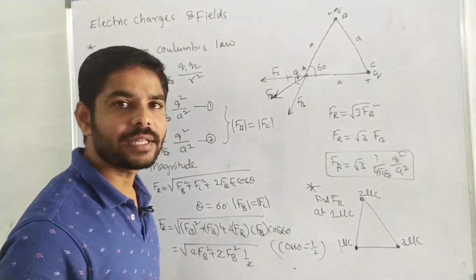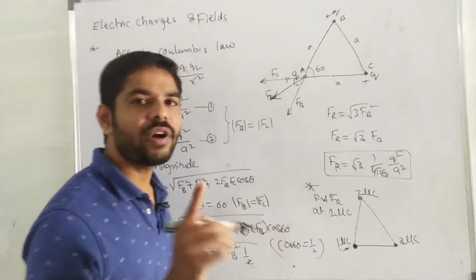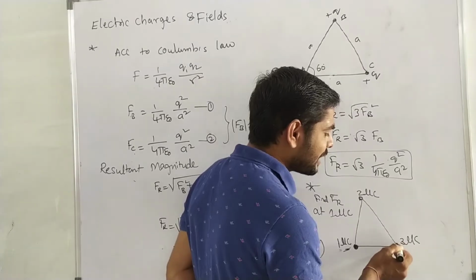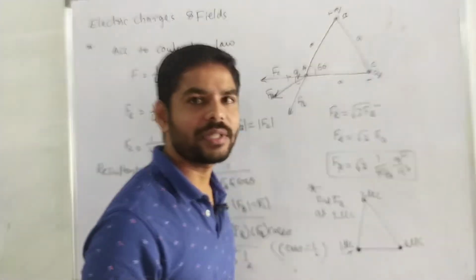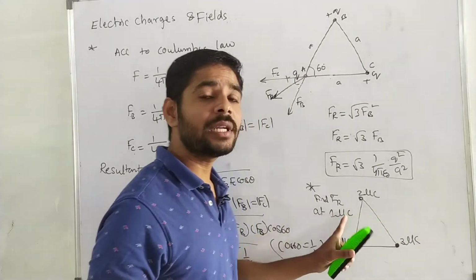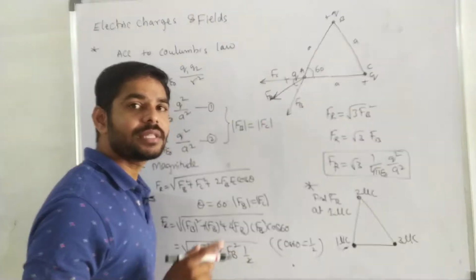So at 1 microcoulomb, at this point, you have to calculate the Fr value. If you do it at the 3 microcoulomb charge, you cannot solve it, because it is not the resultant force on 3 microcoulomb. He is asking at 1 microcoulomb. Solve it and mention the answer in the comment section.